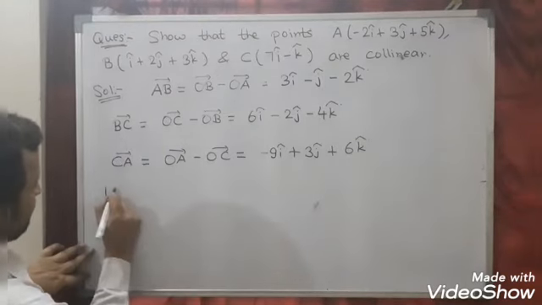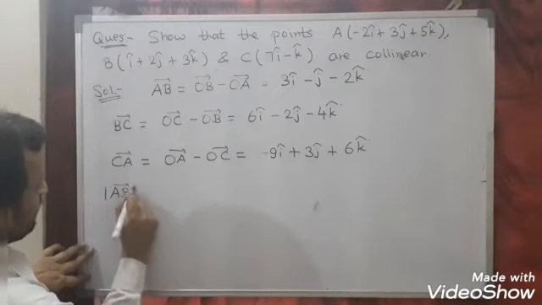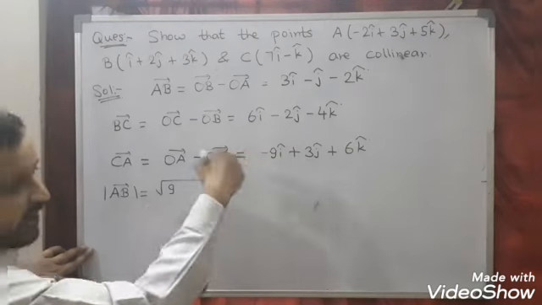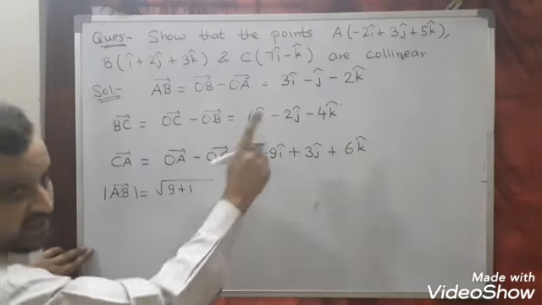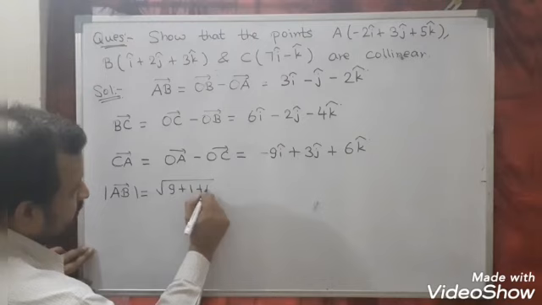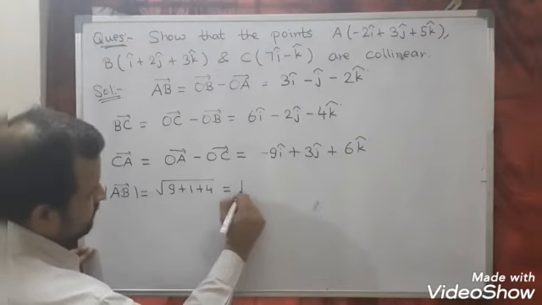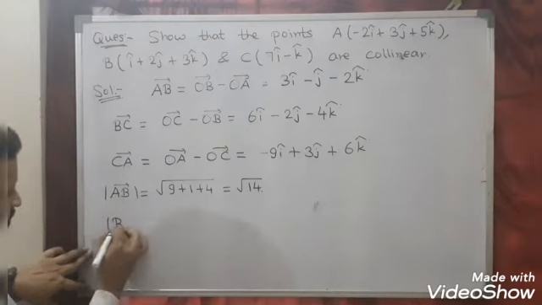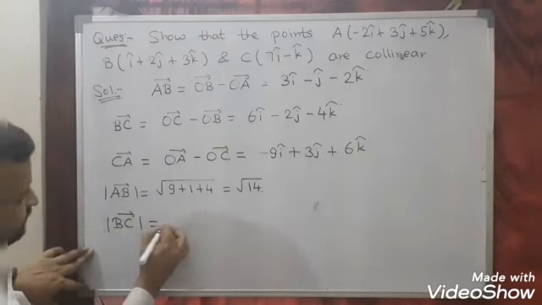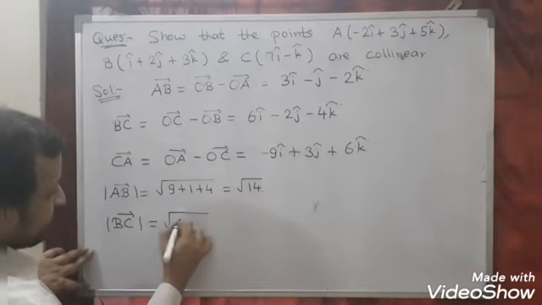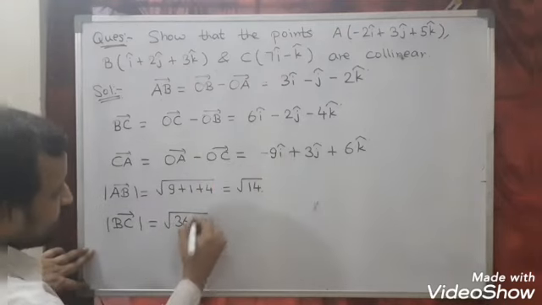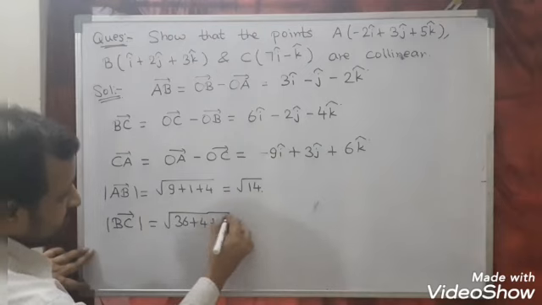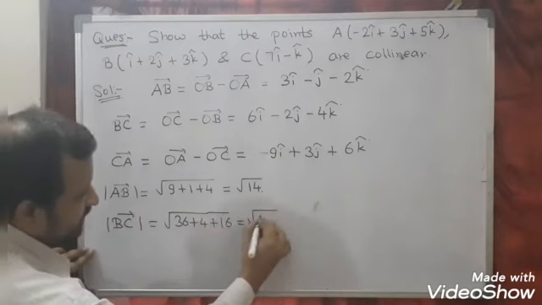Next, let us calculate the magnitude of AB vector. How to find the magnitude of AB vector? Writing directly, 3 square is 9, minus 1 square is 1, minus 2 square is 4, so root 14 will come. I hope it is clear. Next, calculate the magnitude of BC. 6 square is 36, minus 2 square is 4, and minus 4 square is 16, so root 56.